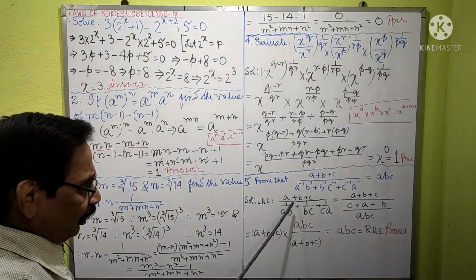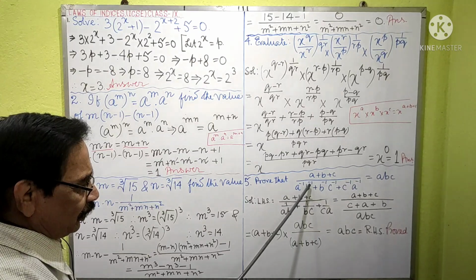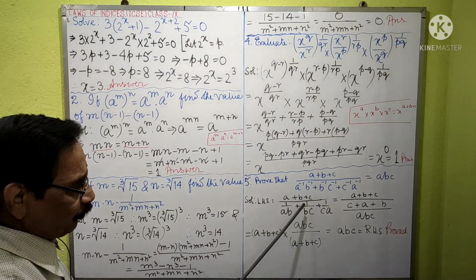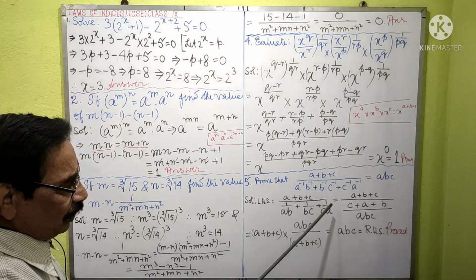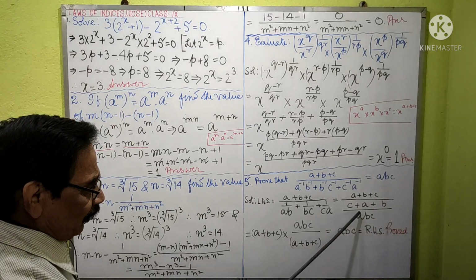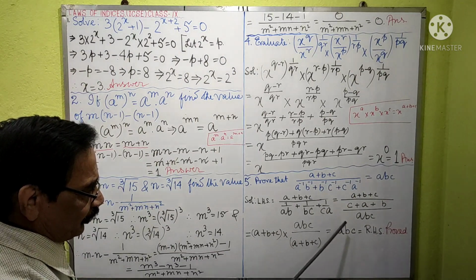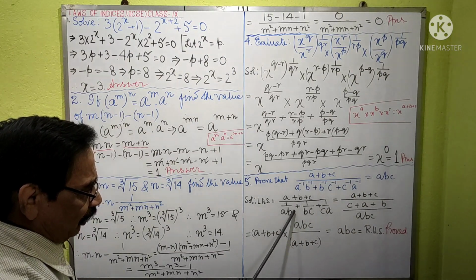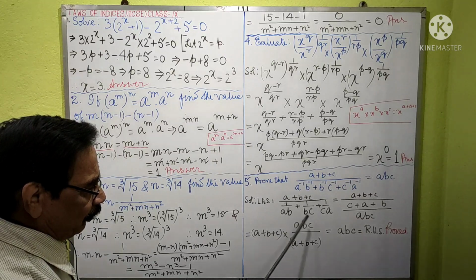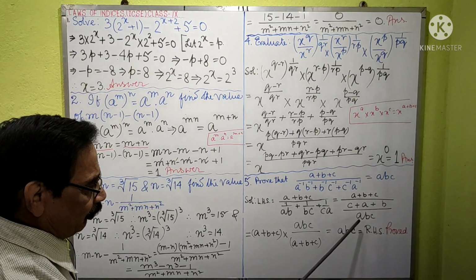Now the left hand side, a plus b plus c by, this is 1 by a and this is 1 by b, that is 1 by ab. Similarly, this is 1 by bc and this is 1 by ca. If we add this, we will get a plus b plus c, and the LCM is abc, and this is c divided by ab, it will be a by bc, and b divided by ca, then it will be b.